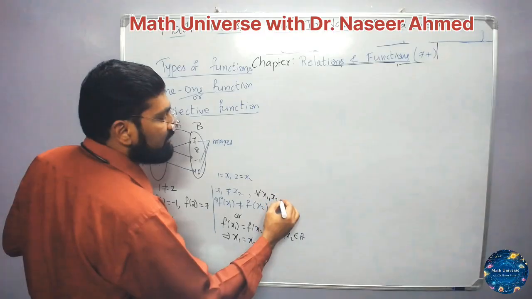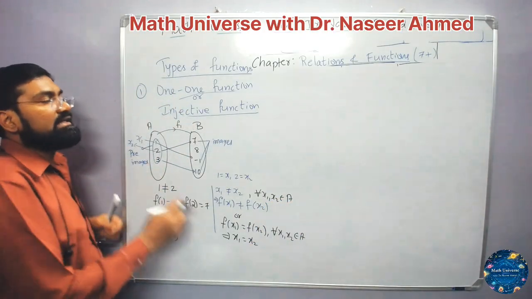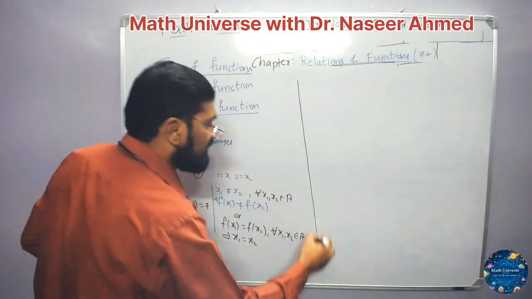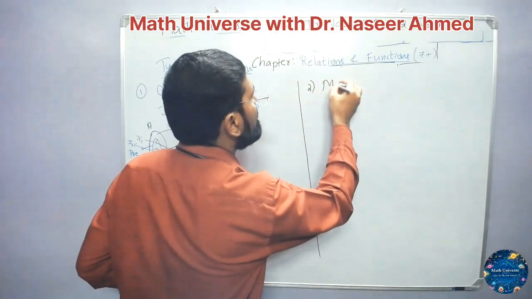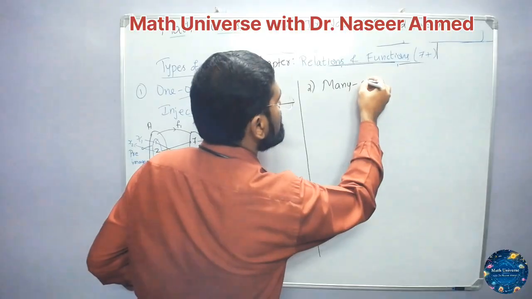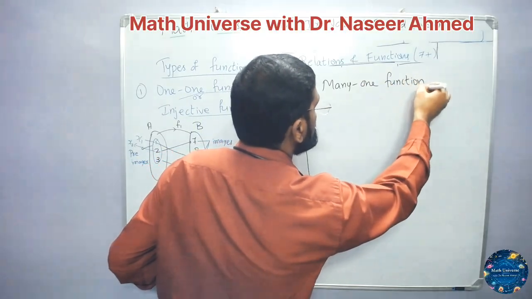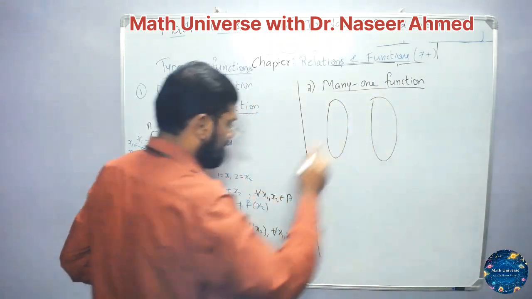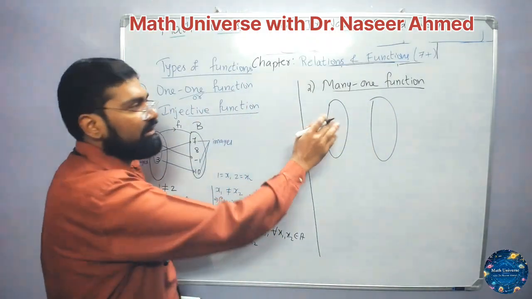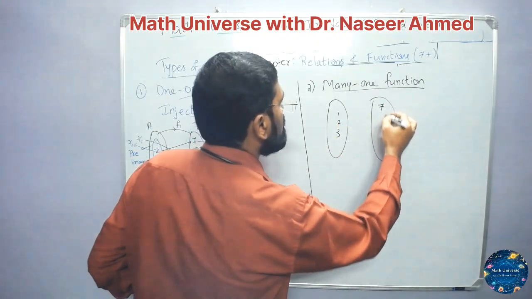Now one question will come: sir, what if it is violating this condition? Any function which is not one-one is a many-one function. For example, this will be still more clear here. Just pay attention. I'll take the same elements to make it clear.